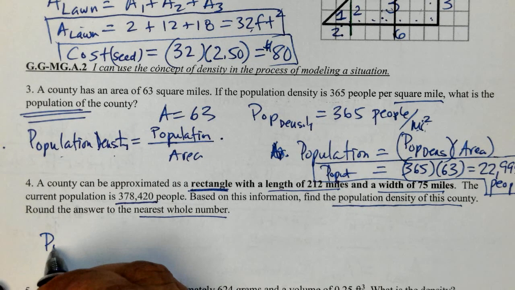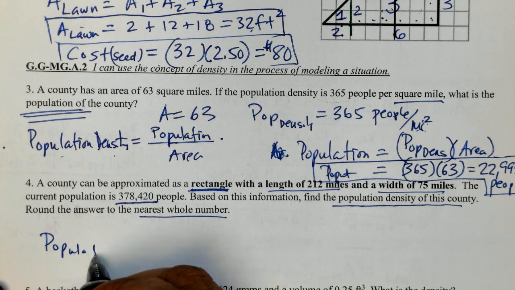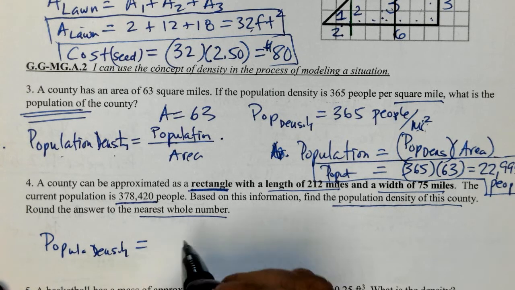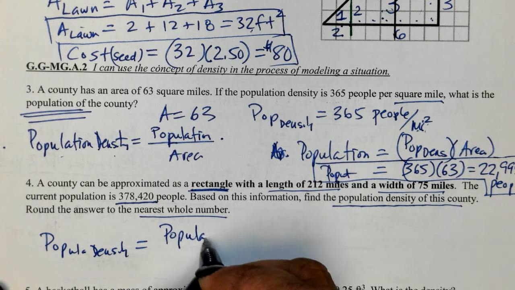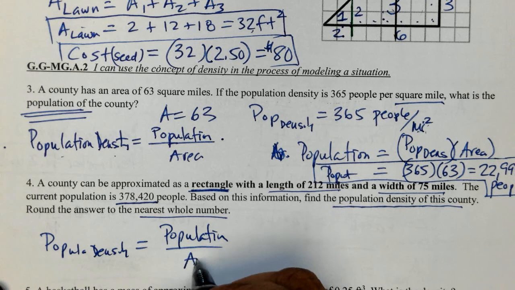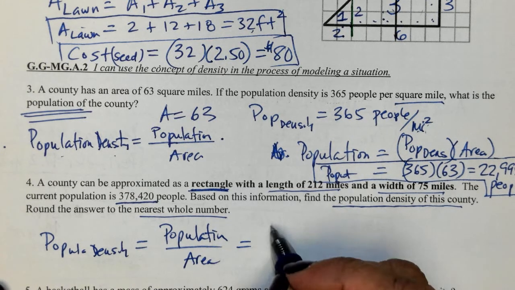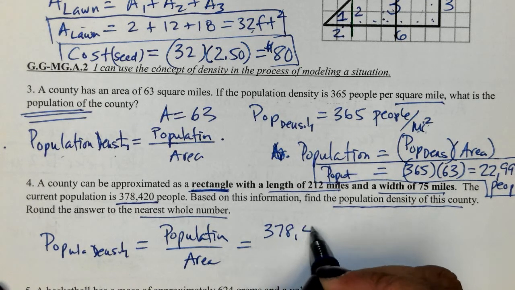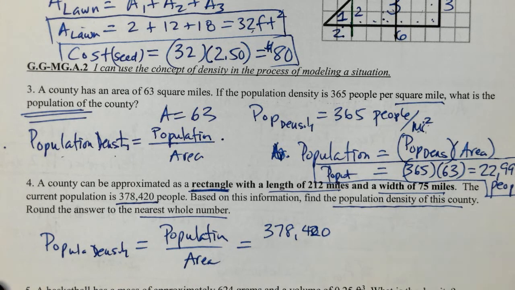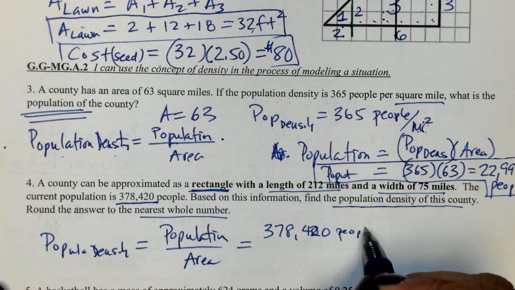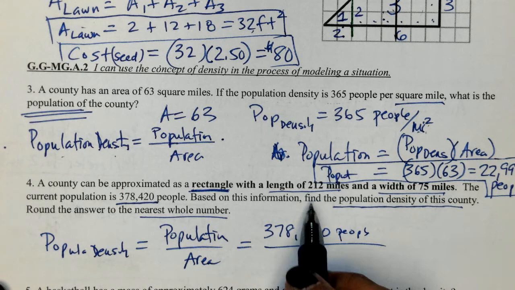Okay, so we're going to put population density, and this one will be on the board for you, divided by area. Okay, population is 378,420 people. Okay? And then you're going to divide that by area, and they gave that to you.